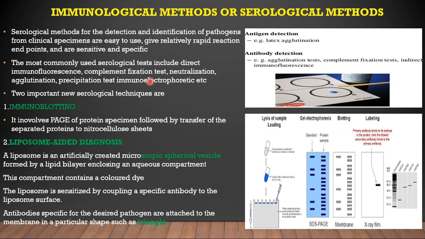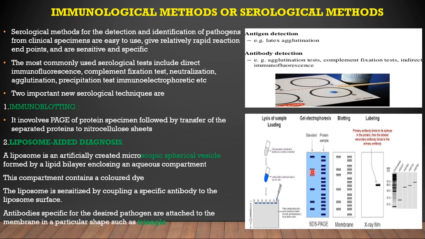The two main important new serological techniques are, number one, immunoblotting, and the second one is liposome aided diagnosis. Immunoblotting, the best example is Western blotting. This immunoblotting involves PAGE, that is polyacrylamide gel electrophoresis of a protein specimen, followed by the transfer onto nitrocellulose membrane sheets.